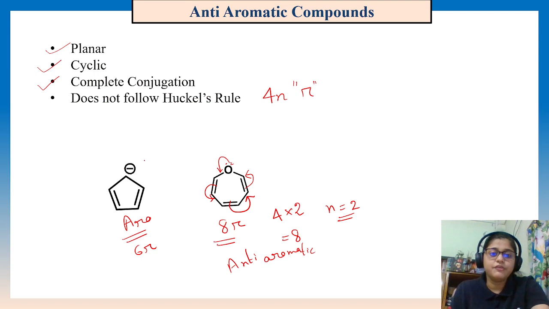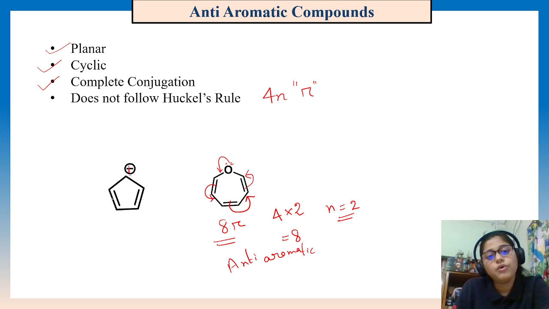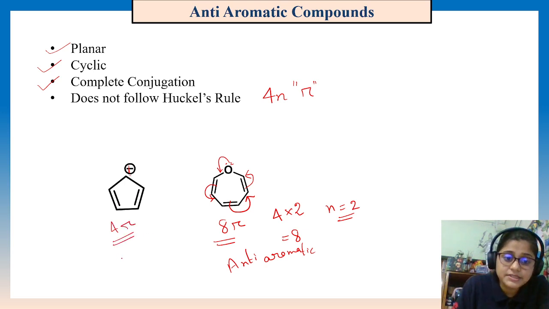Let's say instead of the negative charge, we took a positive charge. Now the number of pi electrons: 1, 2, 3, 4. 4 pi, right? 4 pi means 4 into 1.